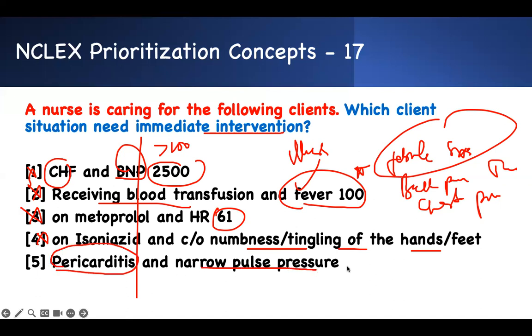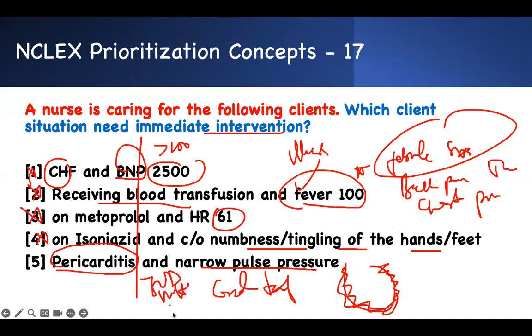Pericarditis and narrow pulse pressure. I intentionally said in this question, the only thing you worry about is cardiac tamponade. And what are the cardiac tamponade signs? JVD, muffled heart sounds, right? And hypotension and pulsus paradoxus. But one of the other ones is narrow pulse pressure. What it means is your systolic blood pressure is getting closer to your diastolic blood pressure.